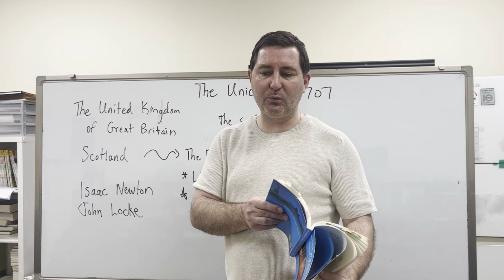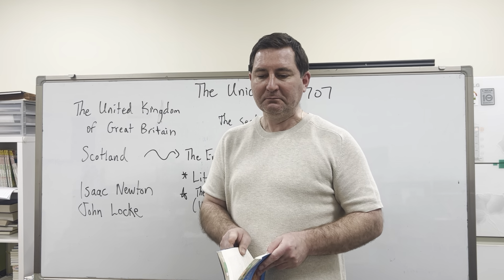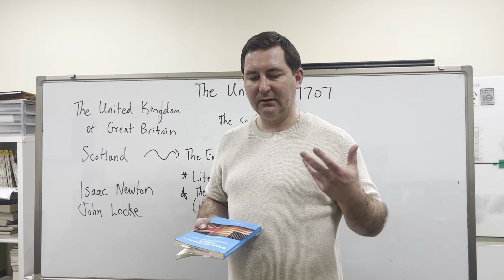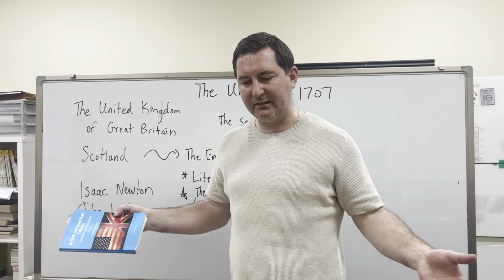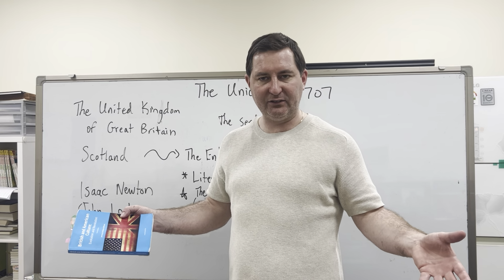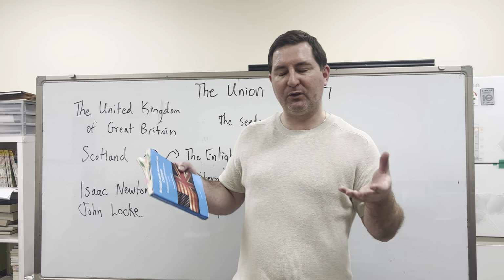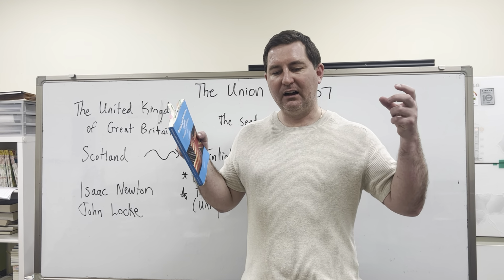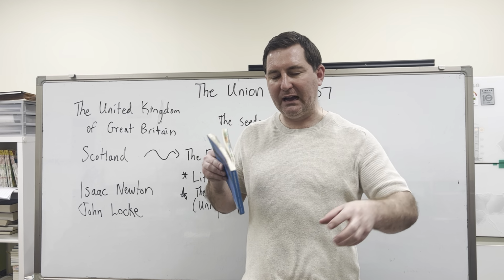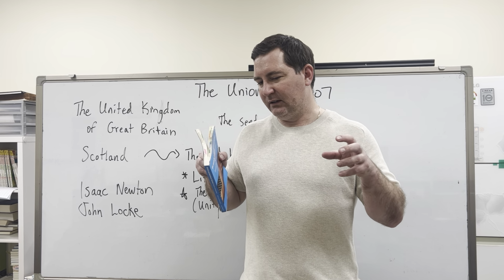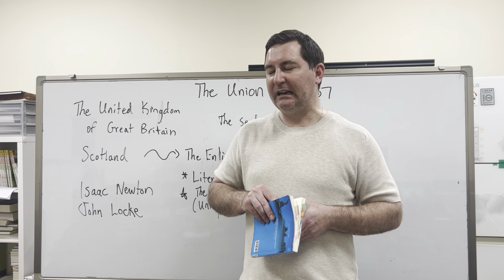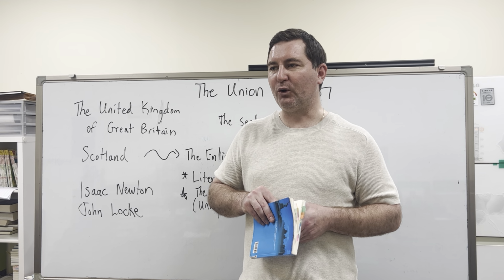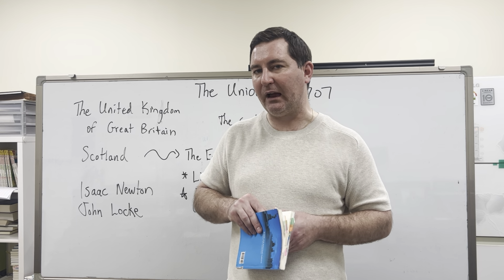One of the things Locke was concerned about was human behavior as individuals and as a society. How can we create a society that combines individual development and social development at the same time?